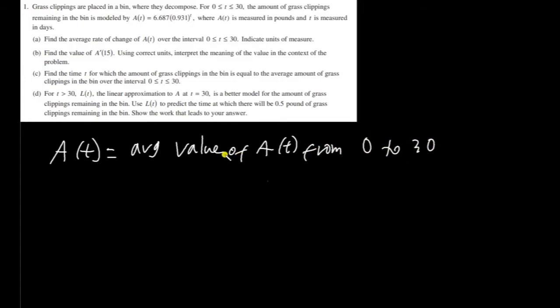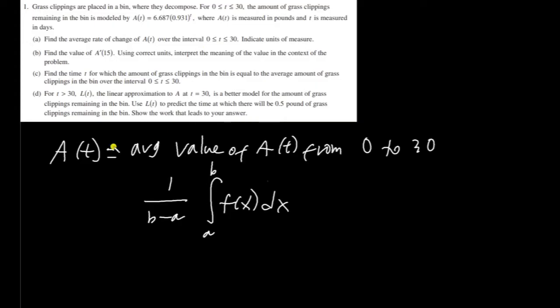Now it's very important that you don't mix up the average value with the average rate of change. Rate of change is a secant line between 2 points. The average value is 1 over b minus a times the integral of the function. This is the formula for the average value of a function from a to b.